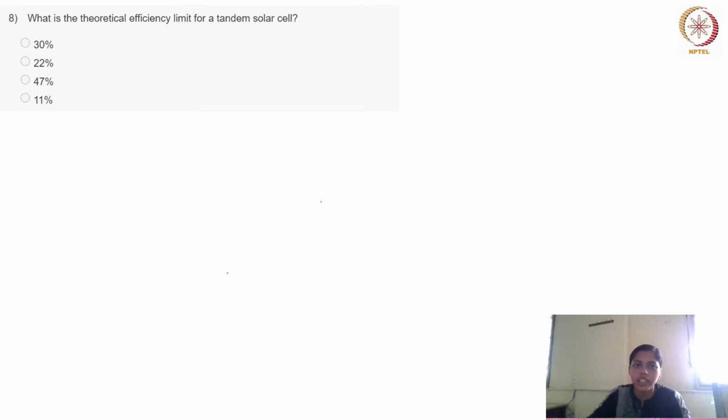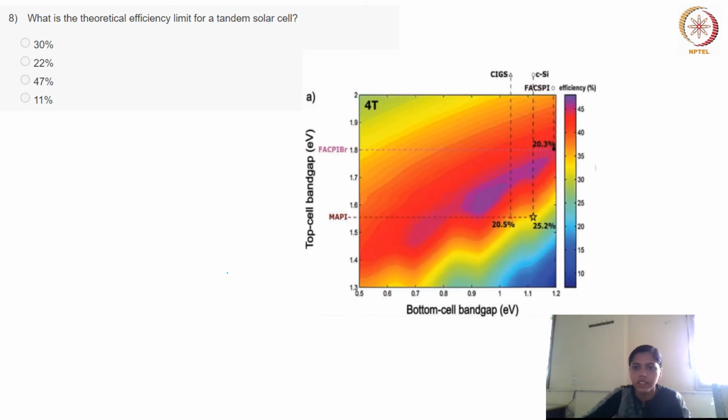So what is the theoretical efficiency limit for the tandem solar cell? So I'm showing you here a graph. Now you have to tell me what will be the possible maximum theoretical efficiency limit for the tandem solar cell using this graph. Anyone can tell me, please?